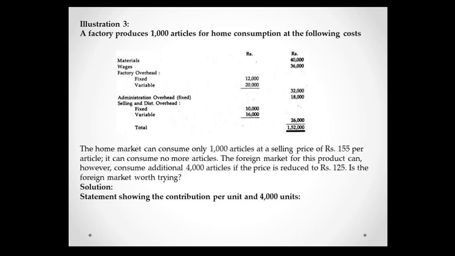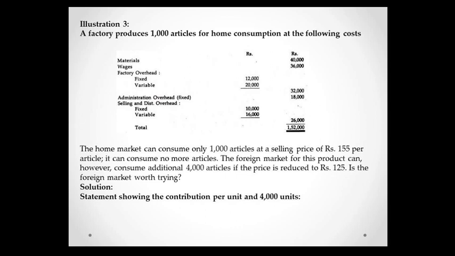The next one is, in this illustration, a factory produces 100,000 articles for home consumption at the following cost. Here material is 40,000, wages is 36,000, factory overheads, that is fixed and variable overheads, is given. Administration overheads is given for 1000 units.